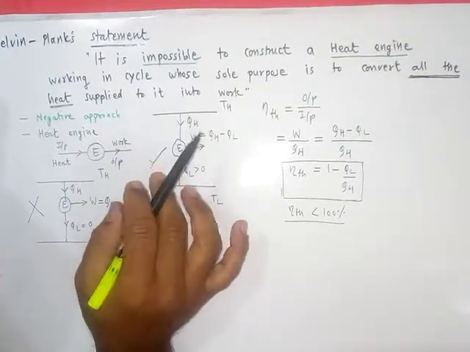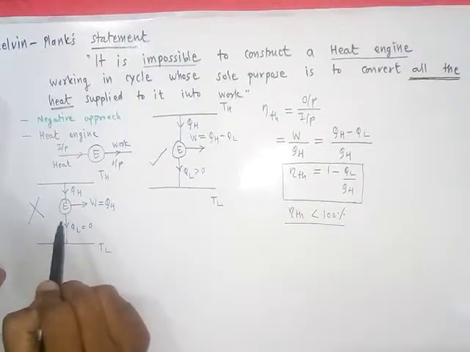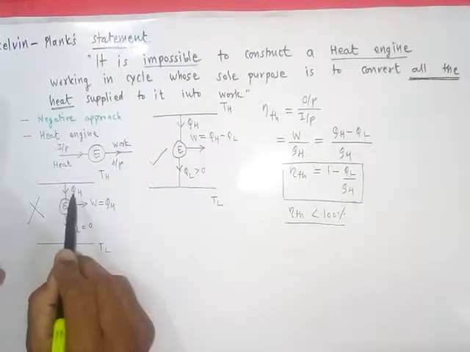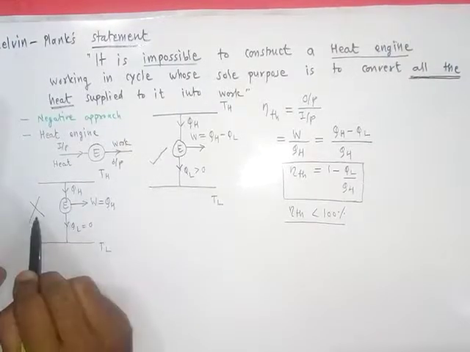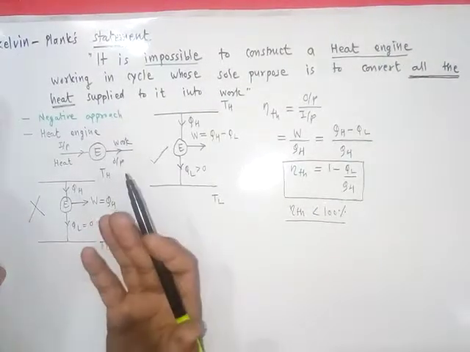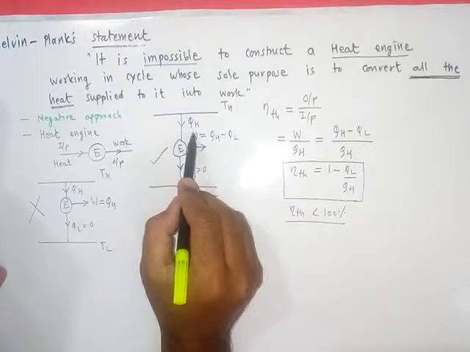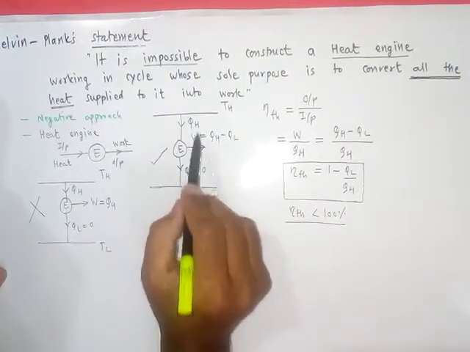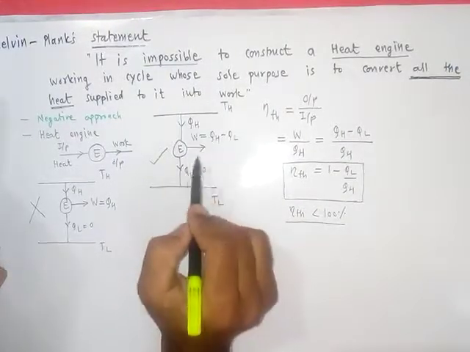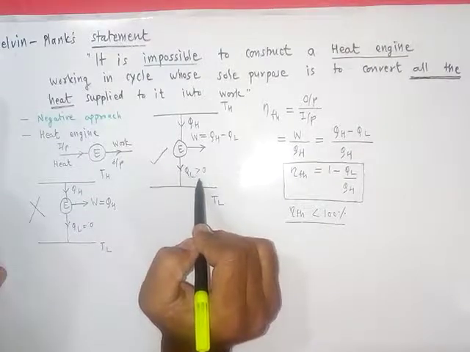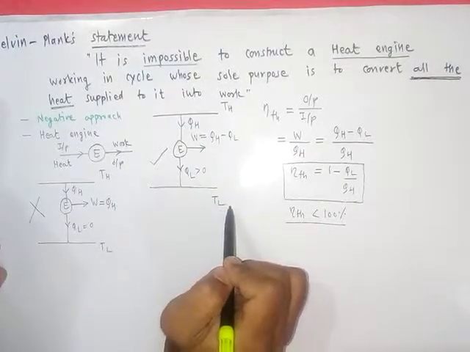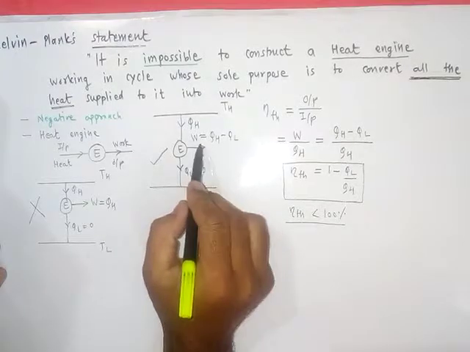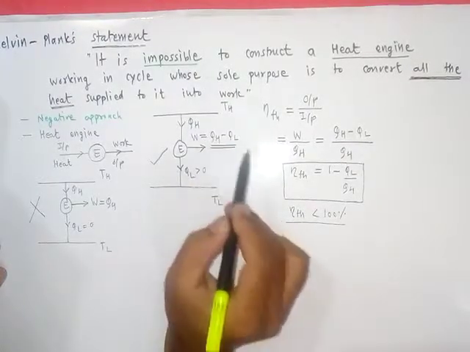So all QH converting to work is impossible. What is possible is this diagram: QH is supplied, some non-zero heat is always rejected to the surroundings, and the remaining is converted into work.